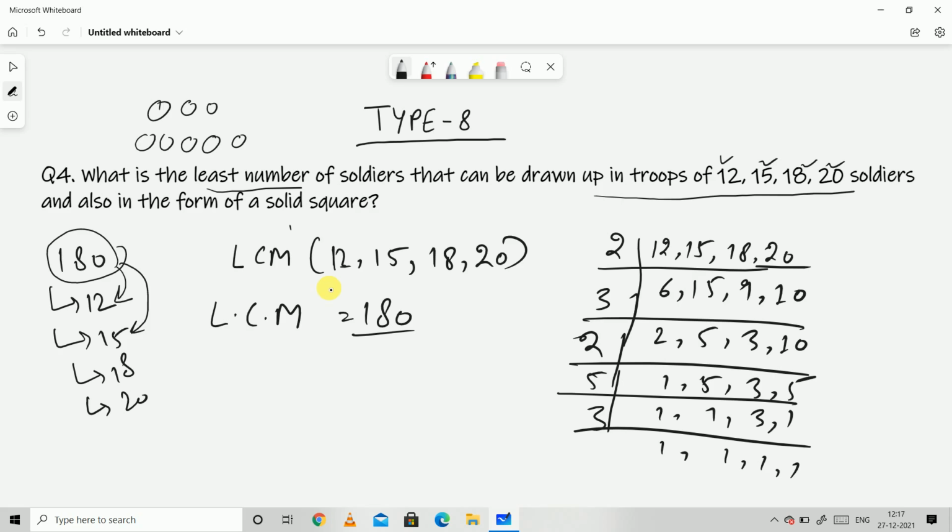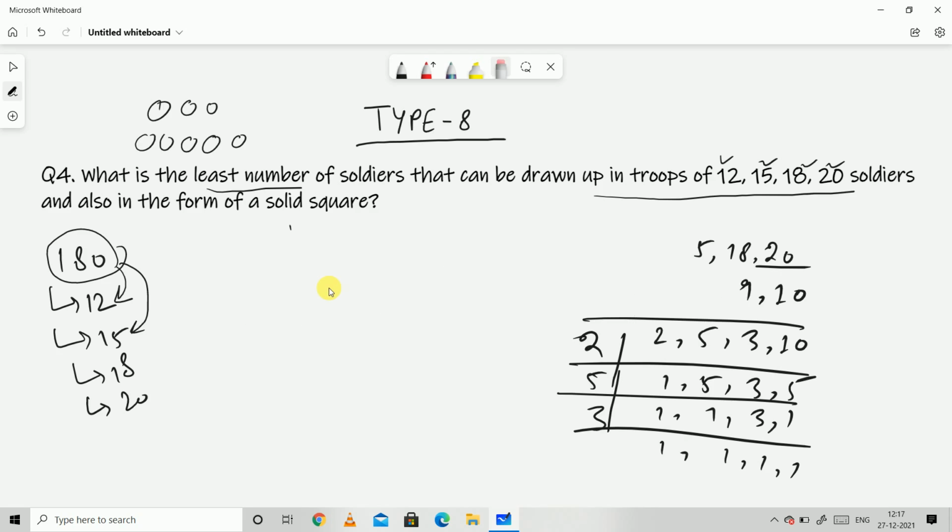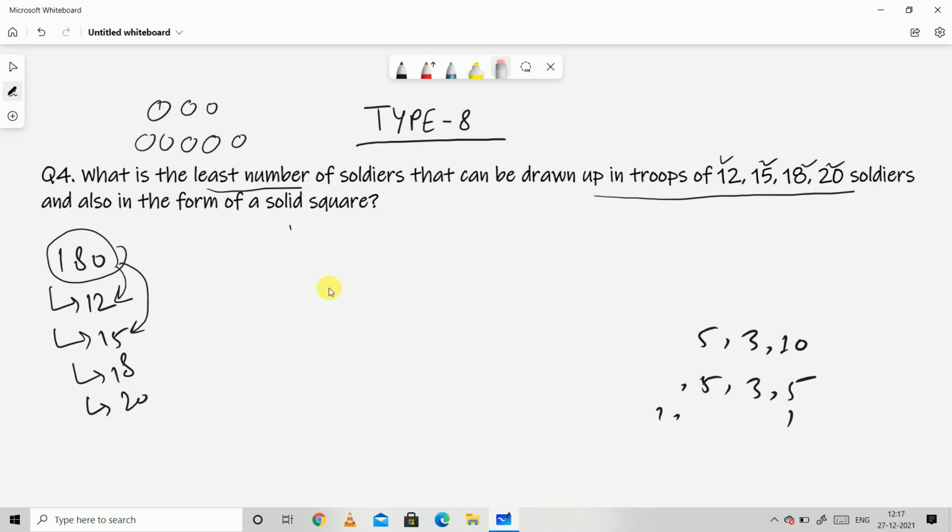Now it is also asking me that this least number that can be drawn up in groups of 12, 15, 18 and 20 soldiers, and also in the form of a solid square. Now this number of soldiers that we have to find, this least number of soldiers which can be drawn into groups of 12, 15, 18 and 20, also forms a perfect square.